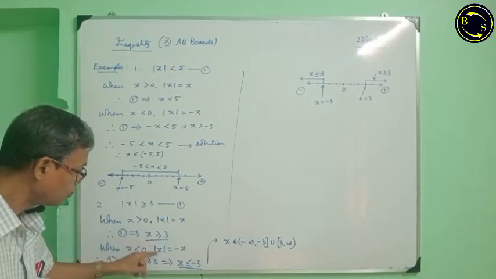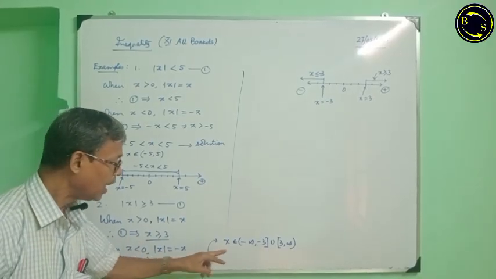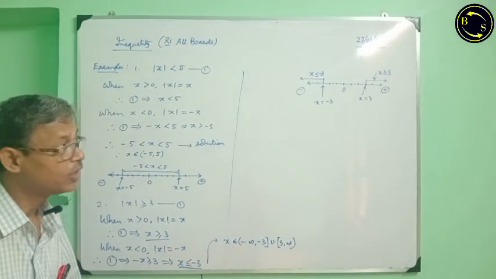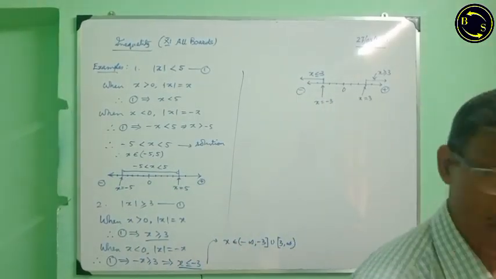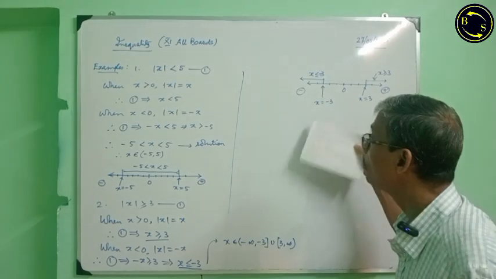Therefore these two and this one are equivalent. Thus we have expressed the solution on the number line.